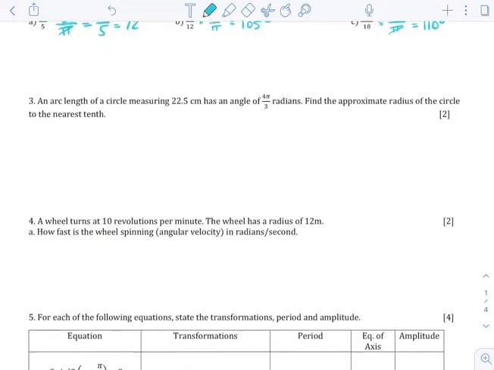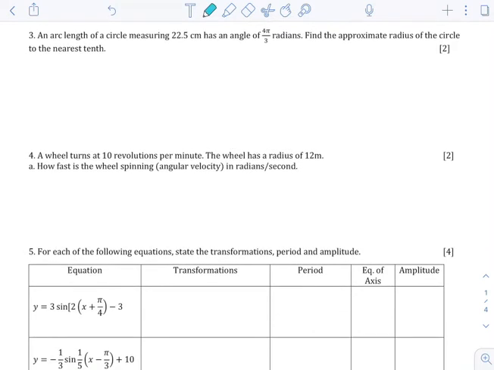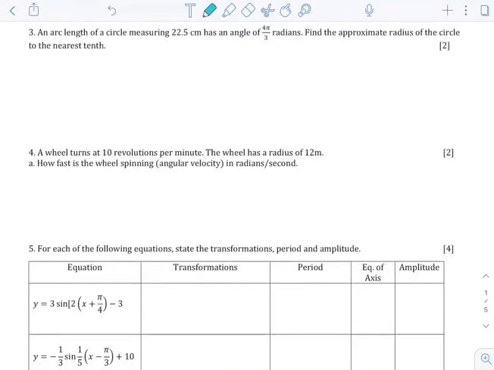Next one says, the arc length of a circle is measured 22.5 centimeters and has an angle of 4 pi over 3 radians. Find the approximate radius of the circle. So remember that radians are equal to the arc length divided by the radius.